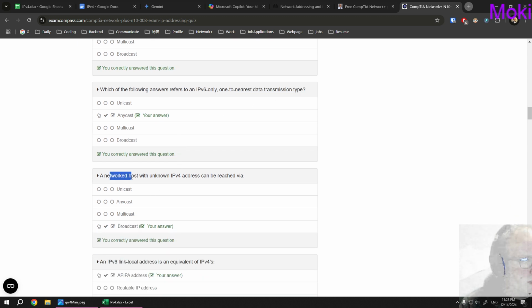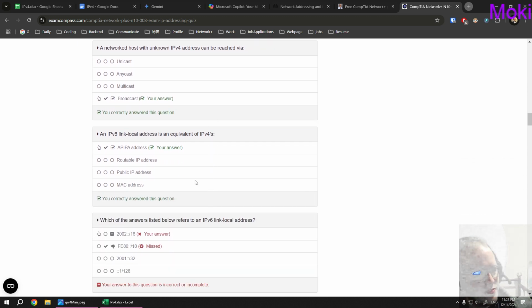Broadcast is for a network host with unknown address, so if you don't know, the computer needs to broadcast. Sorry, this is a very white screen, so blinding. An IPv6 link-local address is the equivalent of IPv4's APIPA.